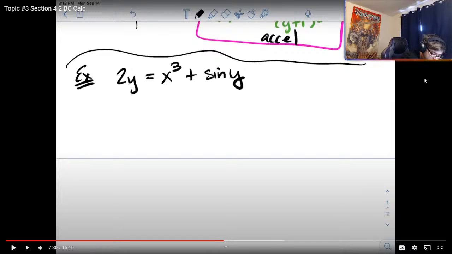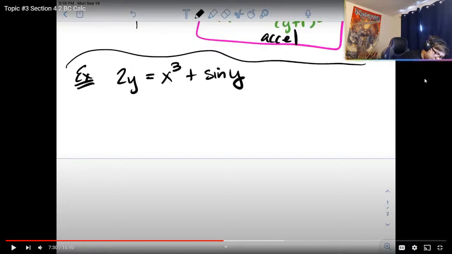Minus the cosine of both sides, so then we get 2 dy dx minus cosine of y dy dx.